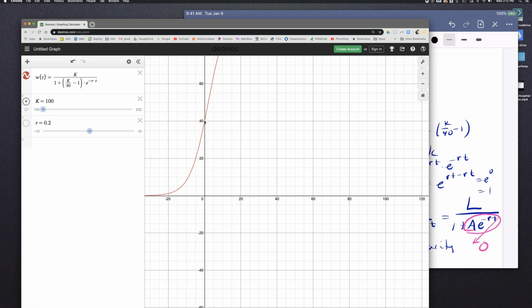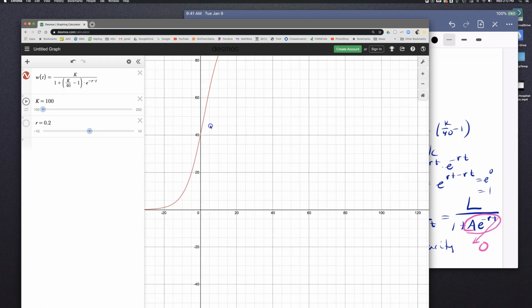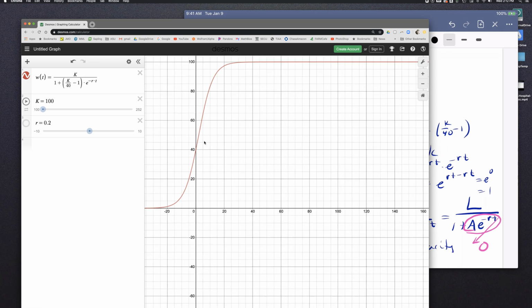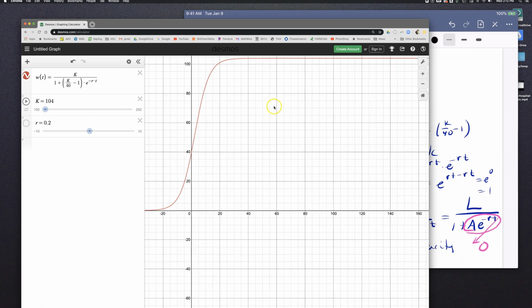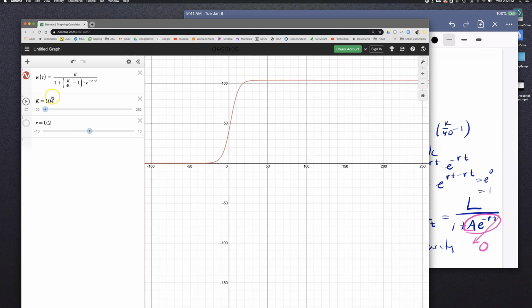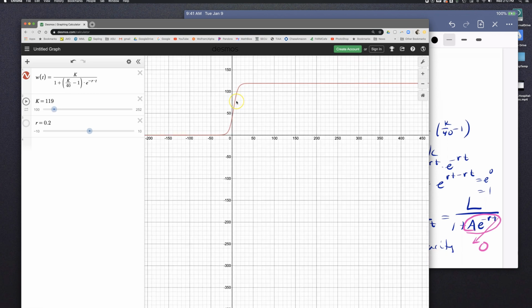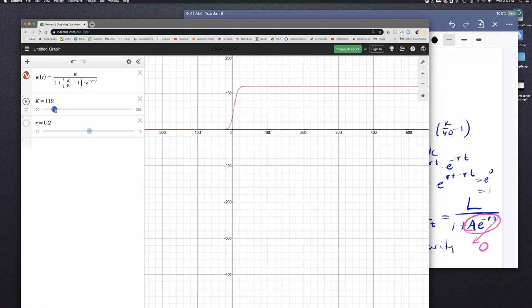Then as time goes on, the population starts to increase, but then it levels out to whatever this k value was. As I change the value of k, the shape of the graph is not going to change a lot. It's going to keep its general shape, but the function is going to level off at whatever value of k is here.